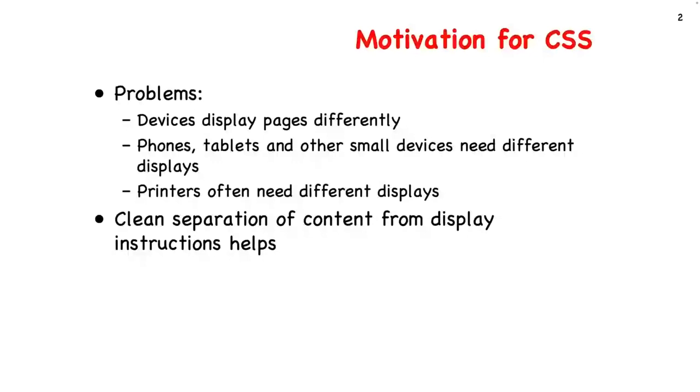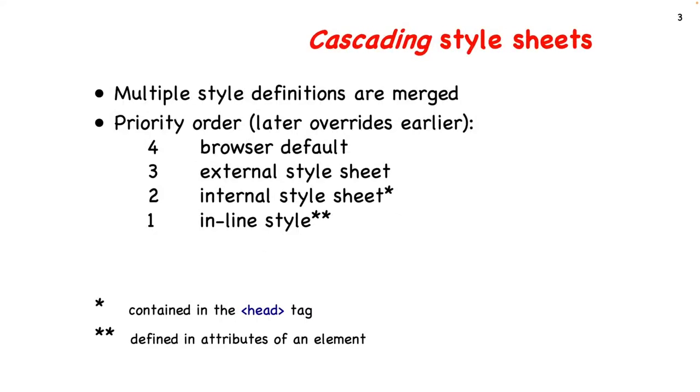Instead of just rewriting some display instructions, we have to go and edit the content and find all this, and we have to do that every time. Whereas if we have separate display instructions, we just have to worry about those. So this is where cascading style sheets comes from. It says we are going to have multiple definitions of things, and we will have a priority order for these things.